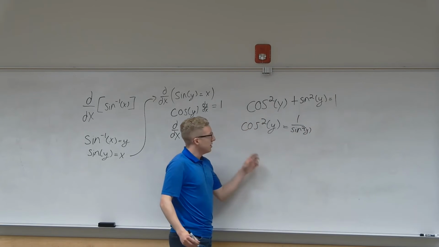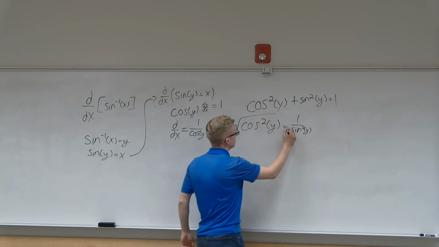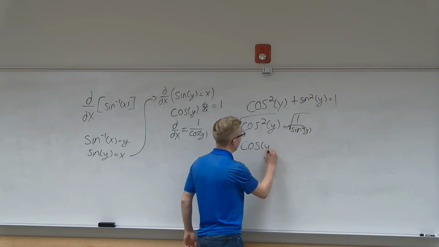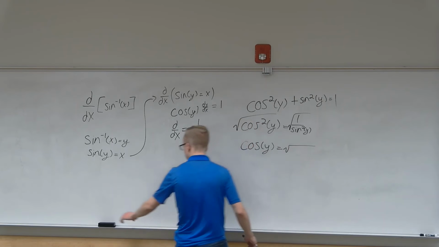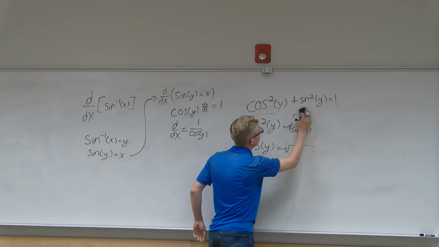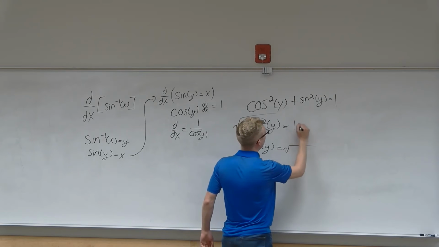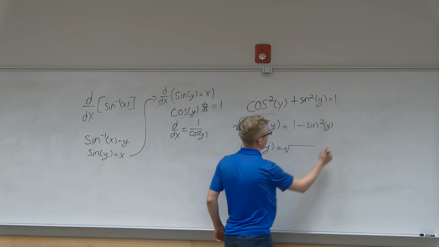So we'll have cosine squared of y equals 1 minus sine squared of y. Now we're going to take the square root of both sides. So we're left with cosine of y equals the square root. Oh, I apologize, I made a mistake. This is supposed to be 1 minus sine squared of y.